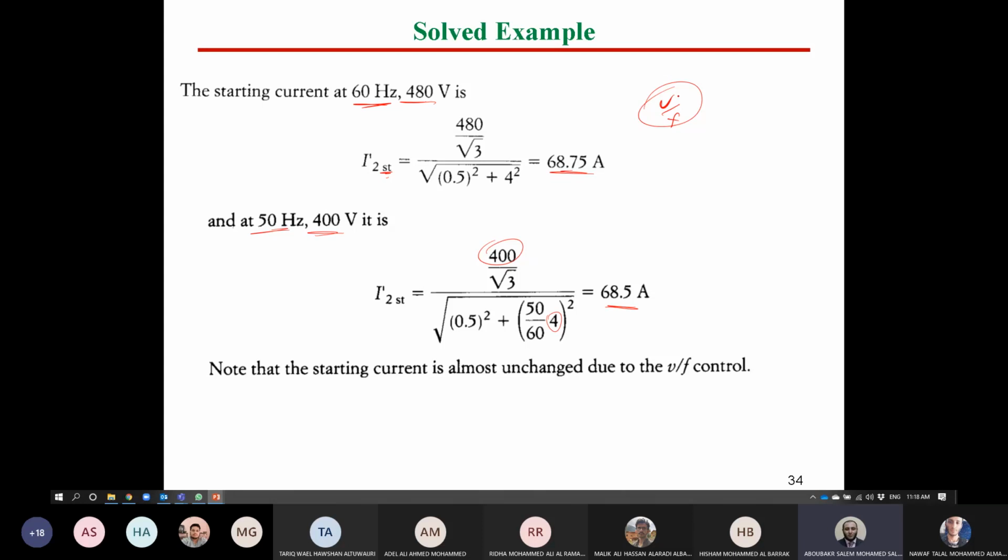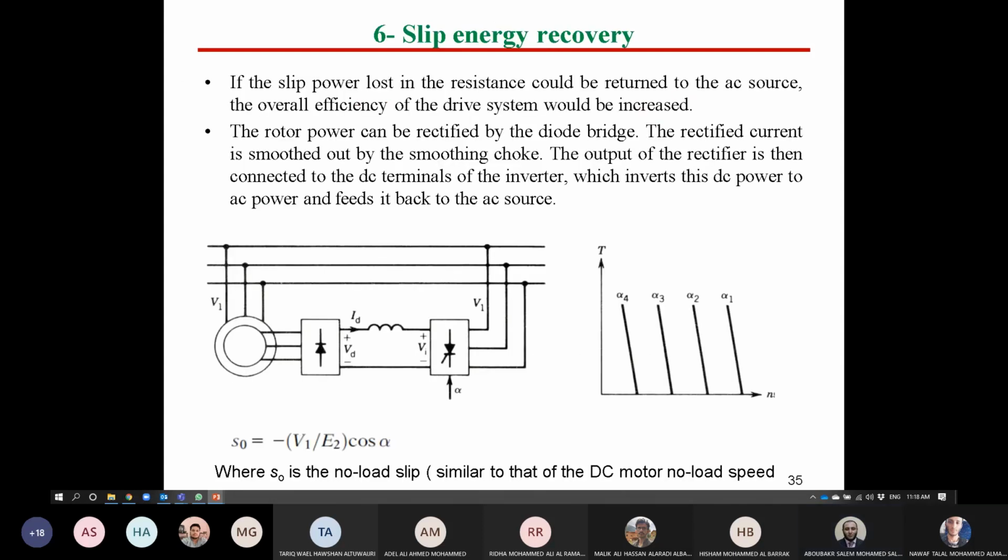Okay. The last technique, guys, is slip energy recovery. We discussed previously adding resistance to the rotor circuit. In a slip ring induction motor, we can add resistances on the rotor side in order to control the motor speed.